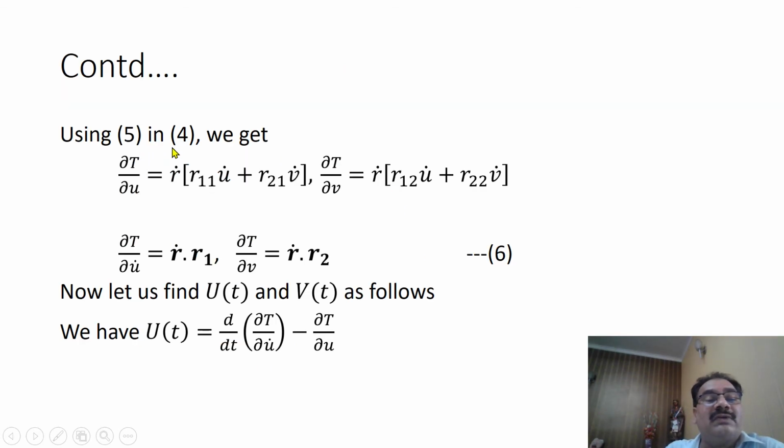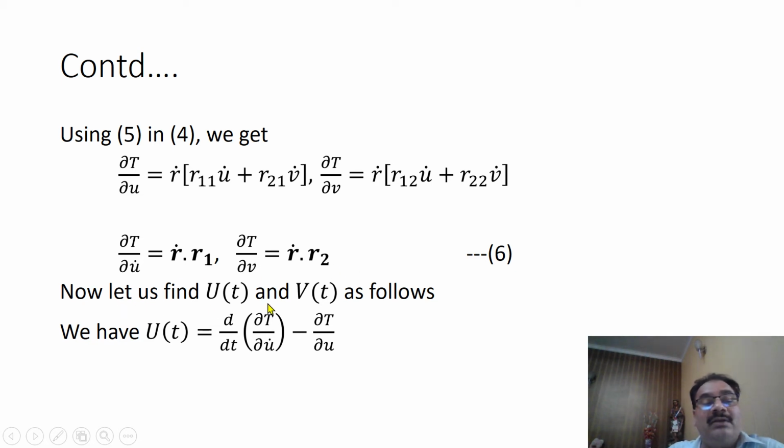Now using equation 5 in 4, we may re-express the equation as ∂T/∂u = ṙ · (r11 u̇ + r21 v̇). Similarly, ∂T/∂v = ṙ · (r12 u̇ + r22 v̇). ∂T/∂u̇ = ṙ · r1 and ∂T/∂v̇ = ṙ · r2. This is equation number 6.